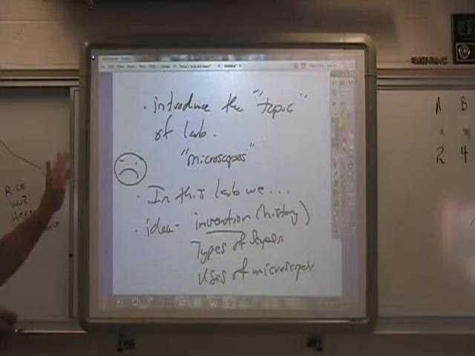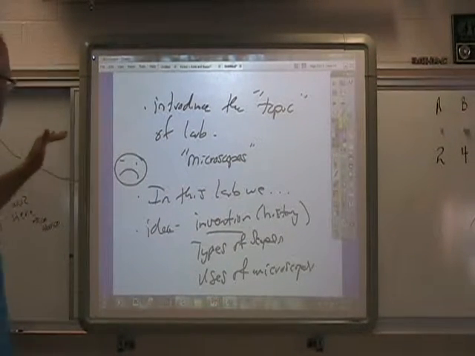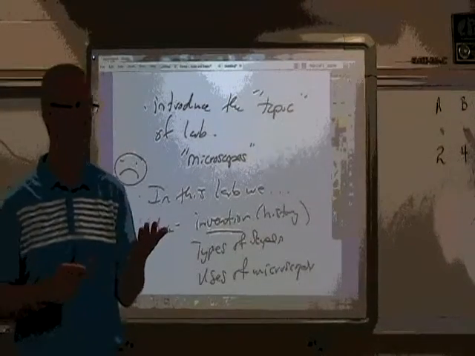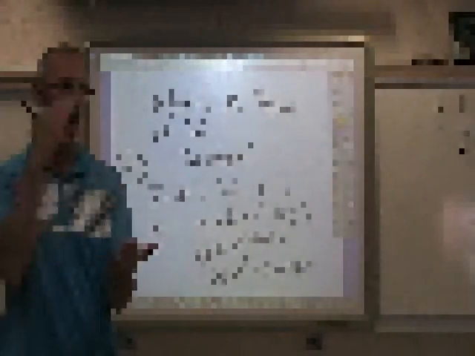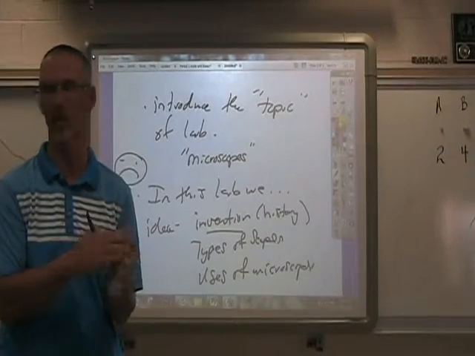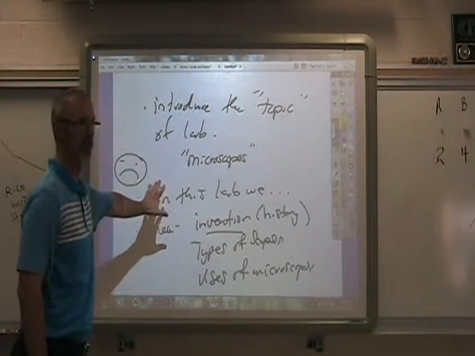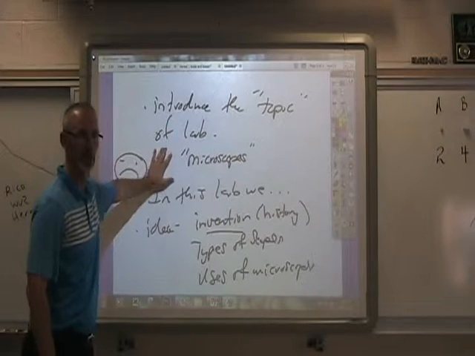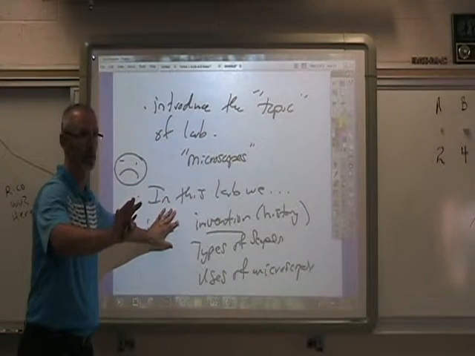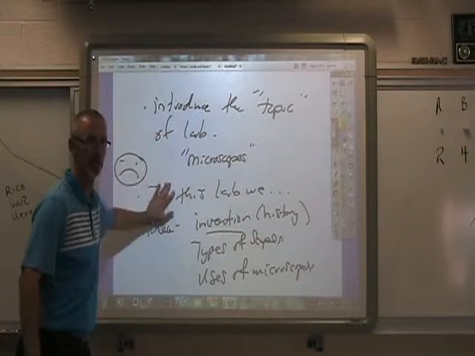Now, should you do all 3 of those? No. That would be too much. A brief introduction. Here's what I want. When somebody picks up your lab report and they read the introduction, all I want them to know is that it's about what? Microscopes. That's it. That's the topic of the lab experience. Anybody have any questions here? Okay, this has to be in paragraph form, fairly good grammar, no contractions, no use of you. Any questions there?